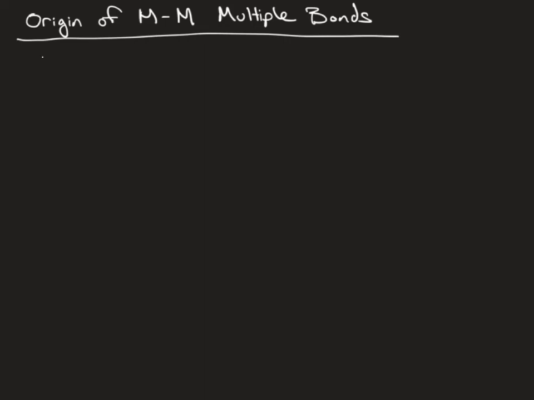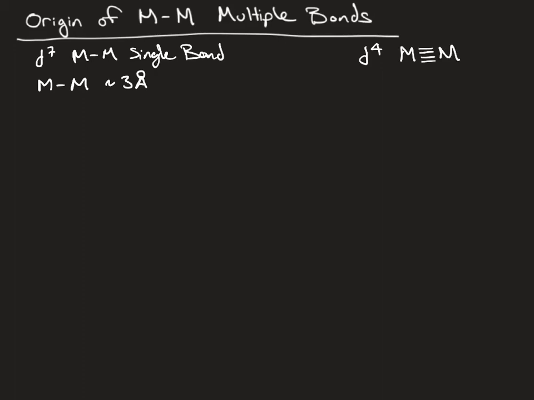So for high d-electron count metals, we form metal-metal single bonds, and these are signified by metal-metal distances on the order of about 3 angstroms. If we go to a d4 metal compound, these form metal-metal quadruple bonds.